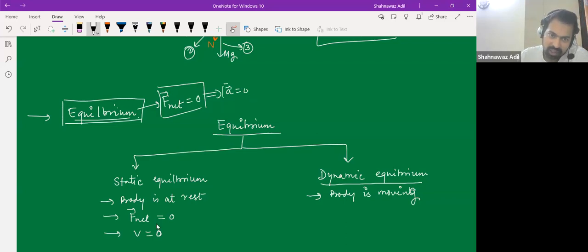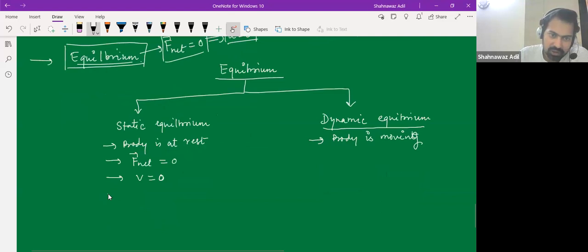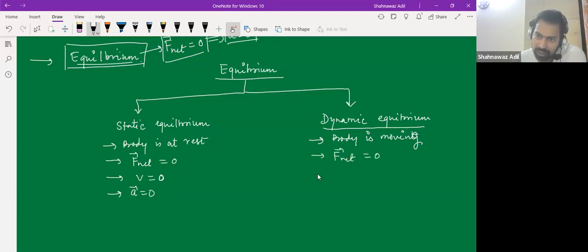So in this case also, F net is zero and acceleration is also zero.